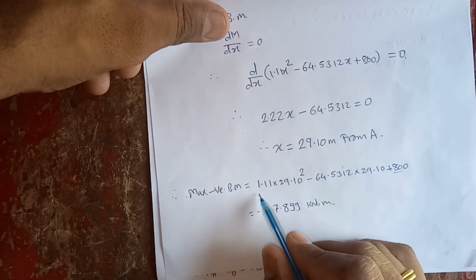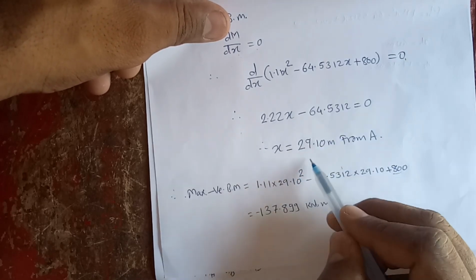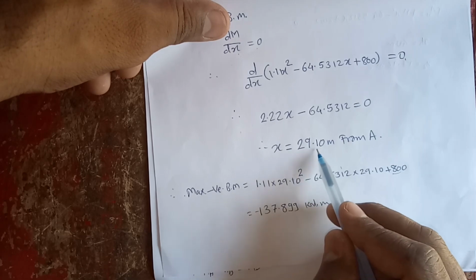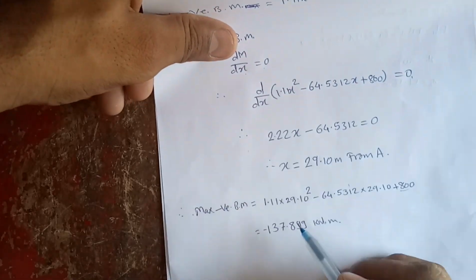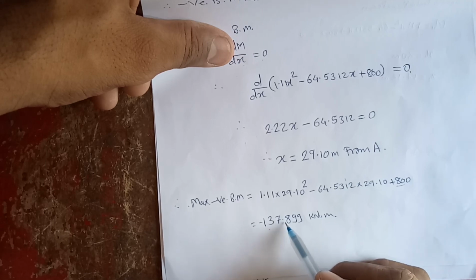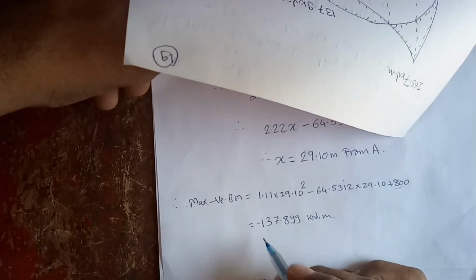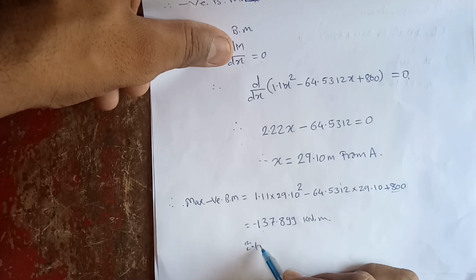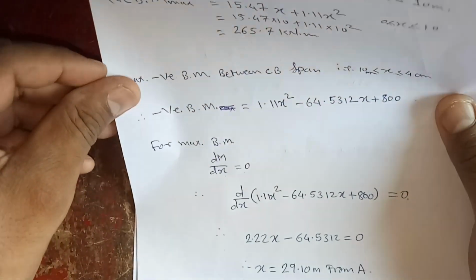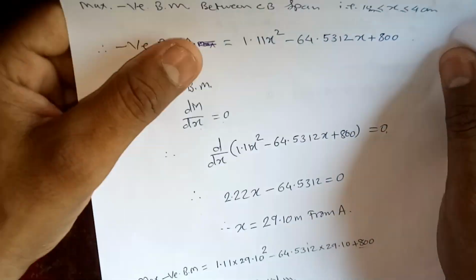So we will substitute x equal to 29.10 in this Mx equation, and what we'll get is minus 137.8, or say this is also equal to minus 137.9 kilonewton meter. That's how we can calculate maximum negative bending moment.